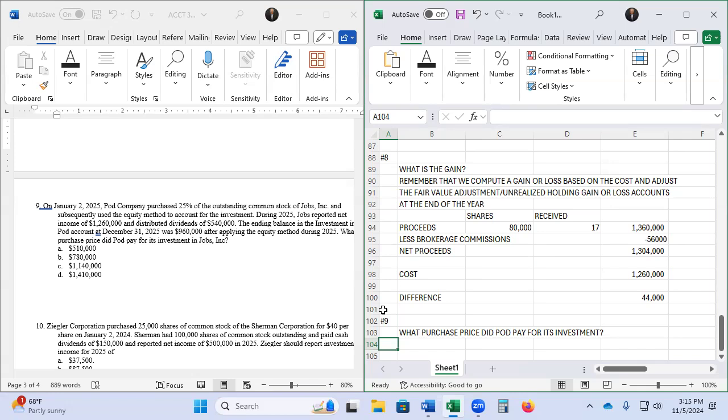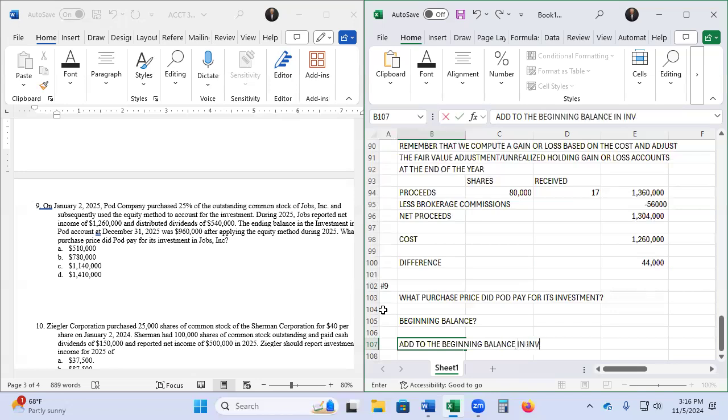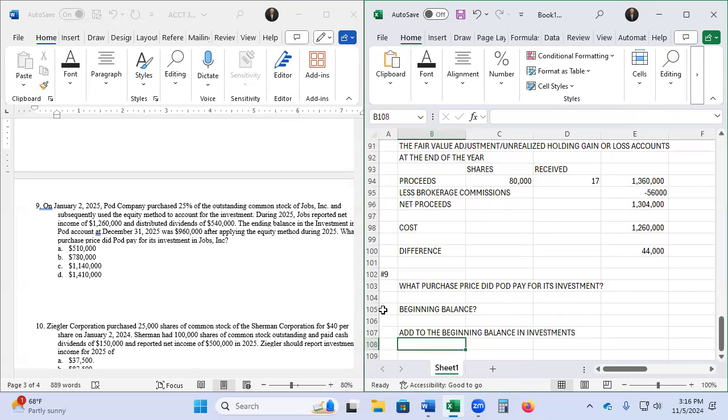How many of you knew how to tackle this one? Good. Okay. So, I mean, really, they want you to go backwards, right? They're asking for the beginning balance, is what? And so we don't know, but we know that we add to the beginning balance in investments our portion of the net income.